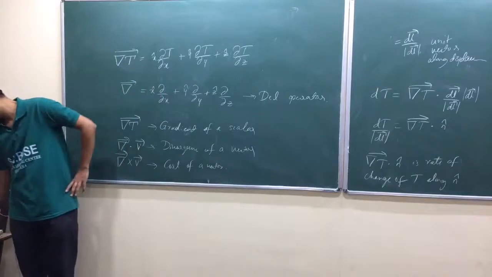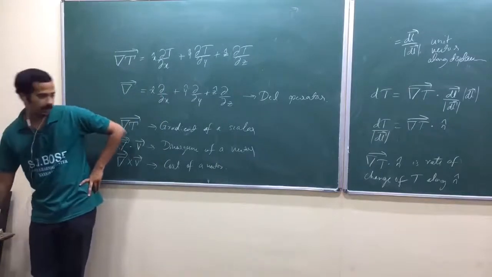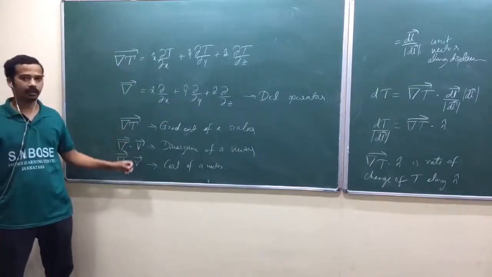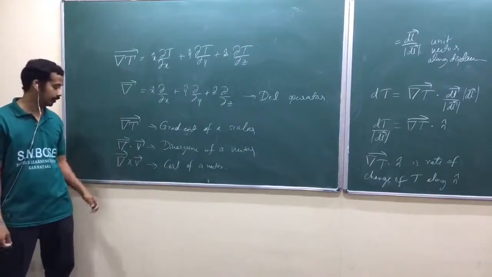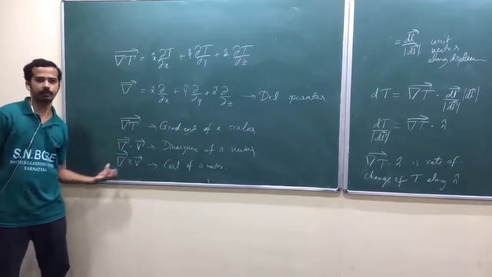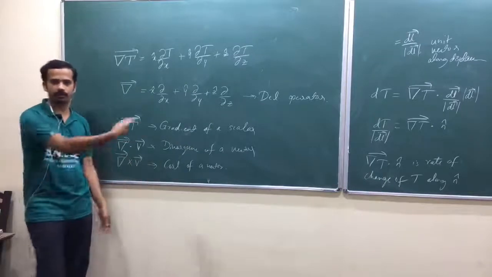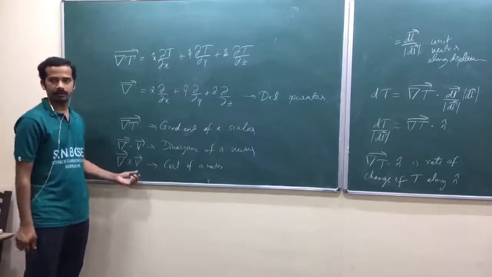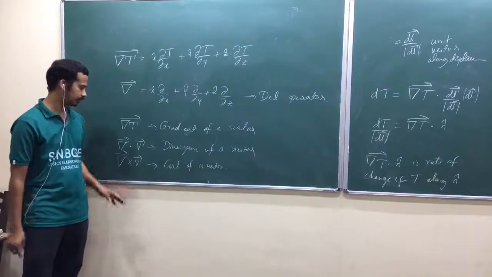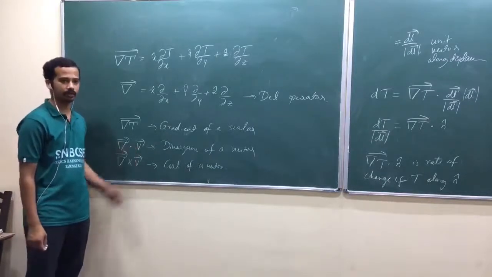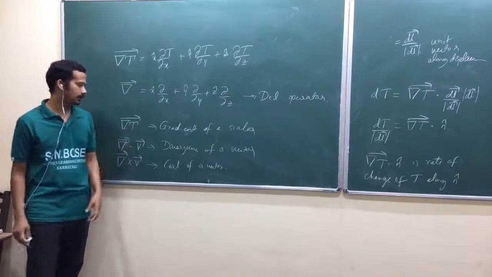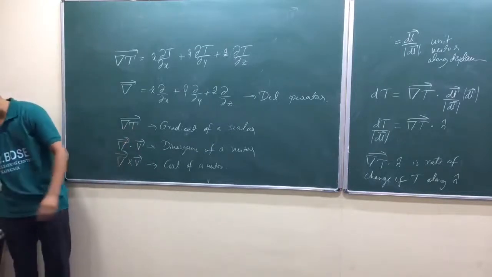Divergence is obviously a scalar, gradient is a vector, and curl is a vector. It's a kind of cross product. When you take the cross product between any two vectors, the resultant is a vector, am I right? By similar analogy, curl is a vector. Divergence is a scalar, it's a kind of dot product. And this is the gradient of a scalar, that's a vector.